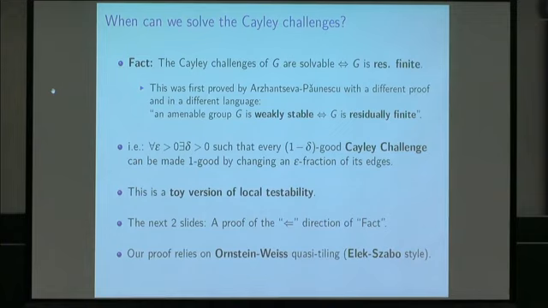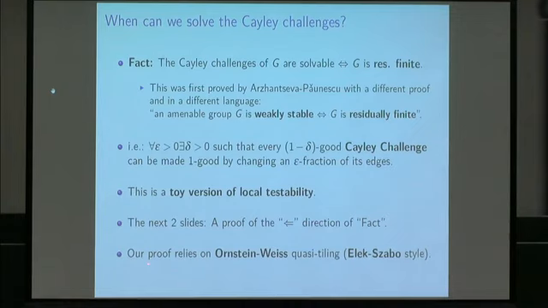So in this talk, I chose to focus on positive results. So in the next few slides, I'm going to show you why the implication from right to left works, why for every residually finite group, an amenable one, we can solve all of its Cayley challenges in this precise formulation.